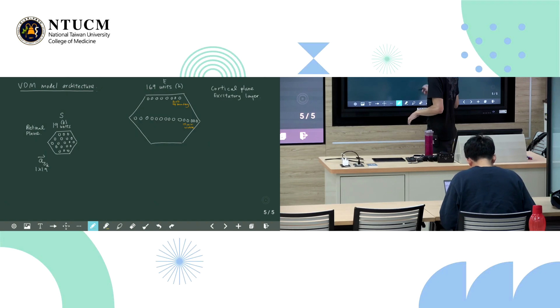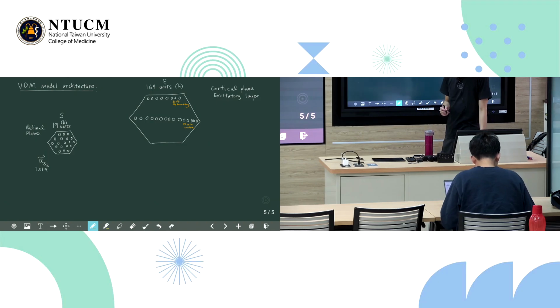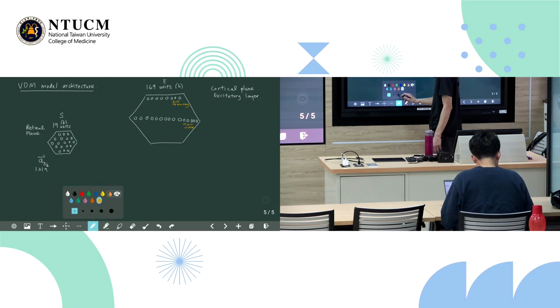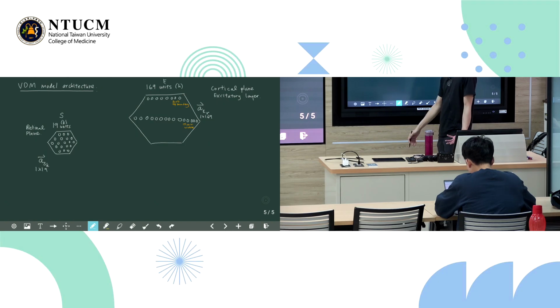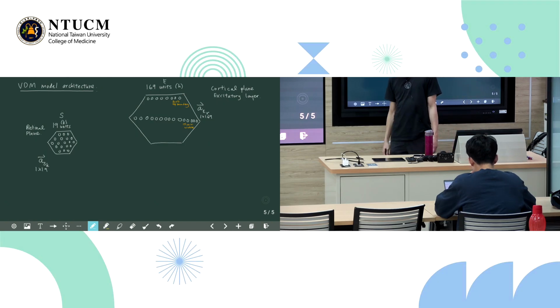So in other words, this will be an E vector, and it's going to be a 1 by 169 layer. Okay, 169 unit layer.